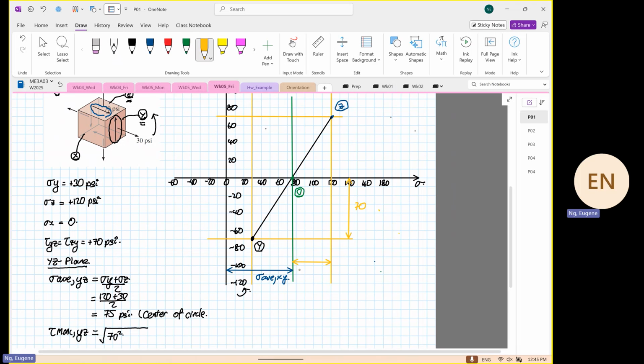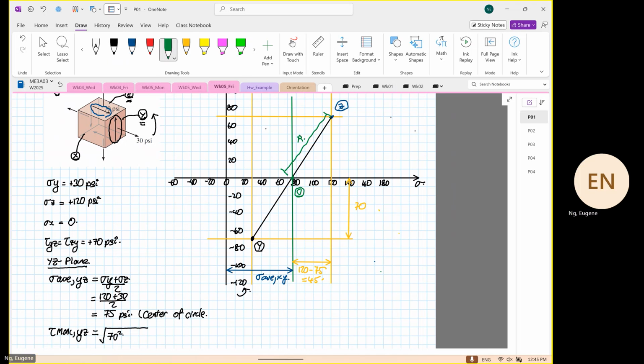And the next thing that we need to find out is the distance from here to here. And this distance will be 120 minus 75. So 120 minus 75 is equal to 45. Why are we doing that? At the end of the day, what we are interested to find is this distance over here, which is the radius of your circle.